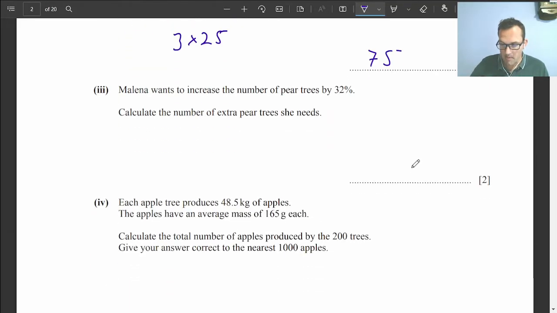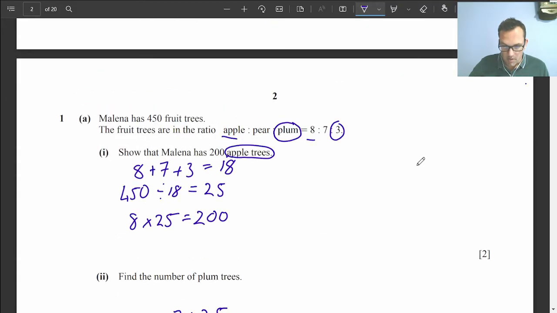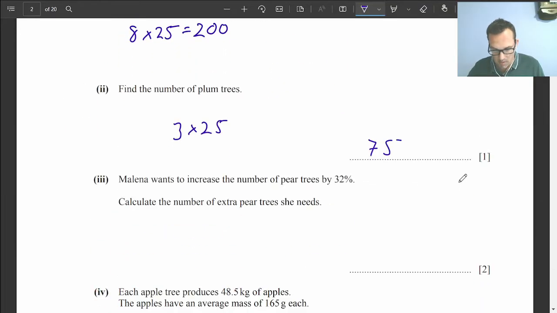Okay, part 3. She wants to increase the number of pear trees by 32%. How many pear trees do we have? Well, we don't know. The ratio is 7. So first we need to work out how many trees she has. So that's 7 times 25, which is 175. Now, whenever we increase something by 32%, we take 100%.